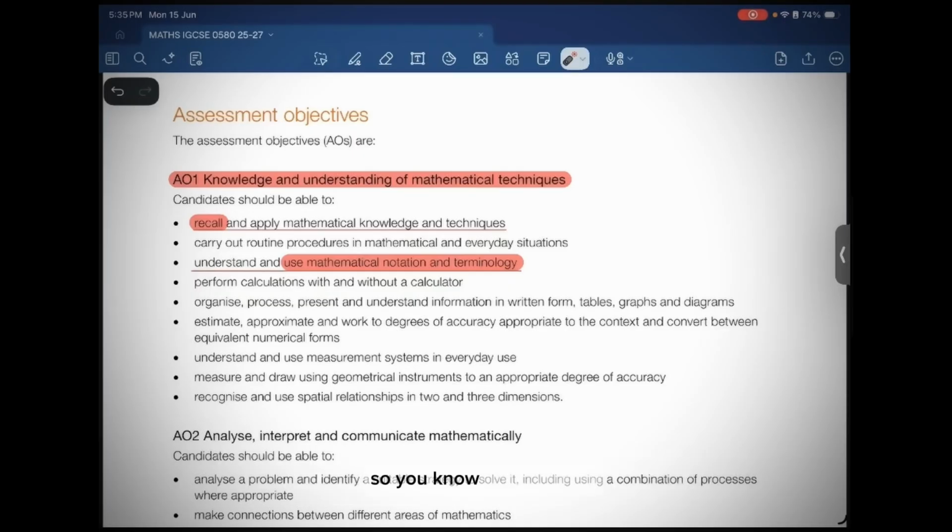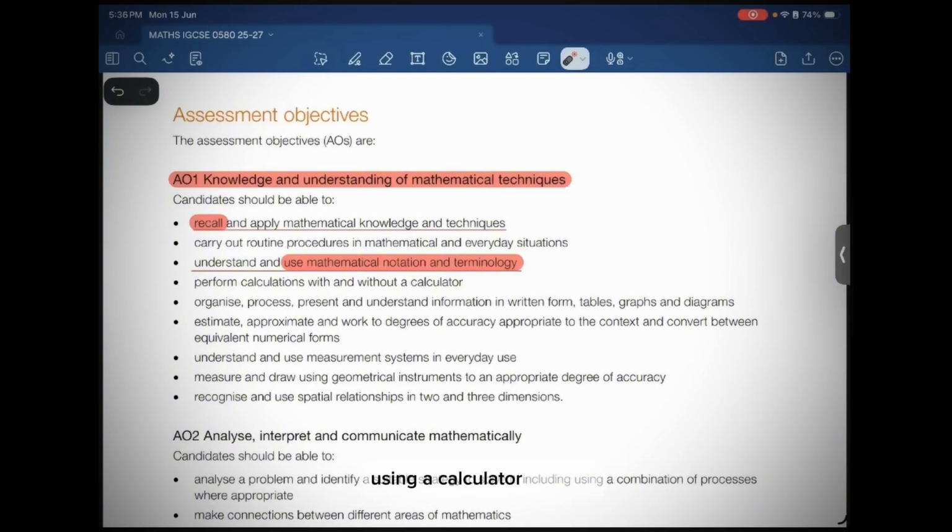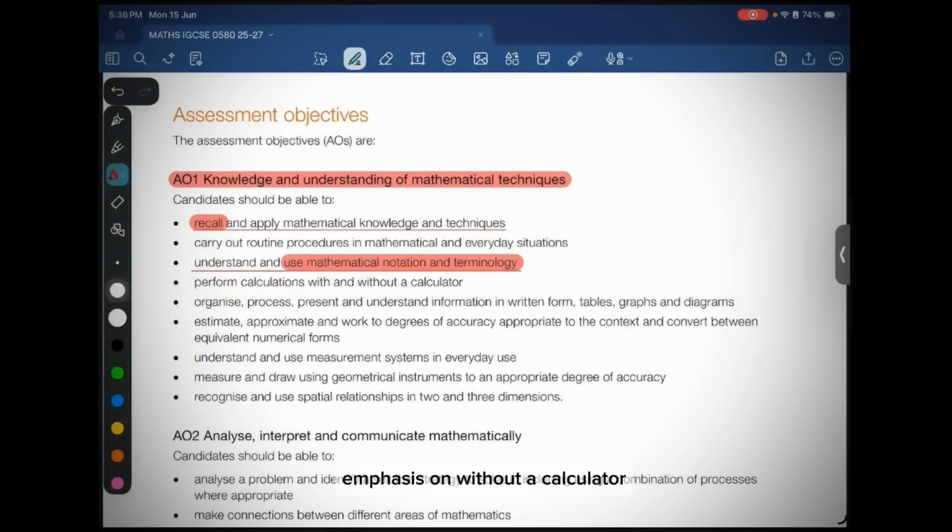So, the examiner was expecting you to do your calculations in both paper 2 and paper 4 using a calculator. But now, the examiner is expecting you to perform calculations with and without a calculator. Emphasis on without a calculator, since paper 2 is now completely without it.